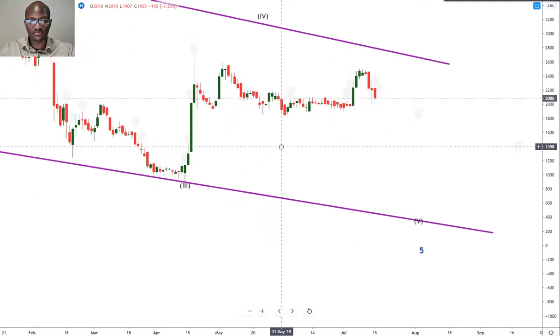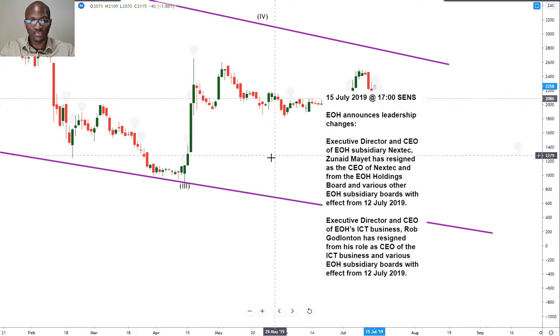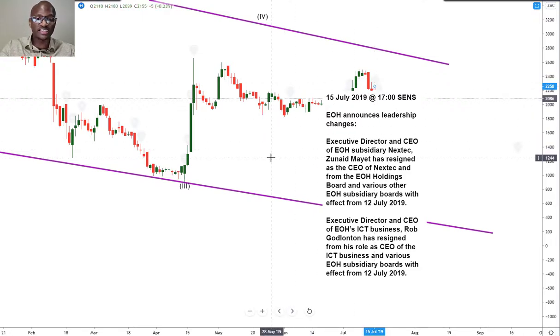and a few days later, EOH announces leadership changes, and this SENS announcement came just before market close or at market close at 5 o'clock.